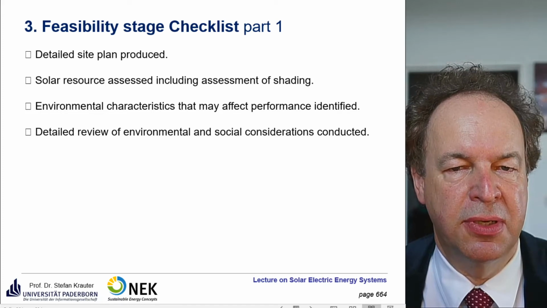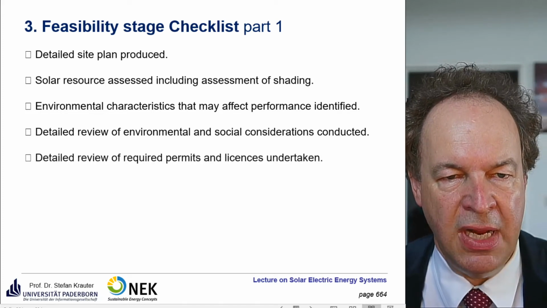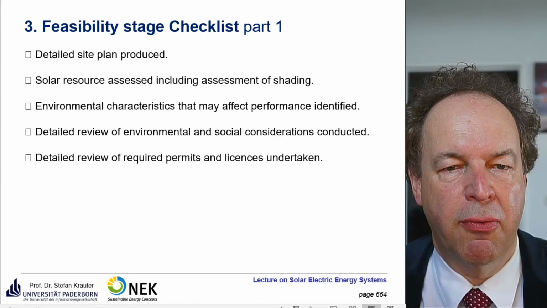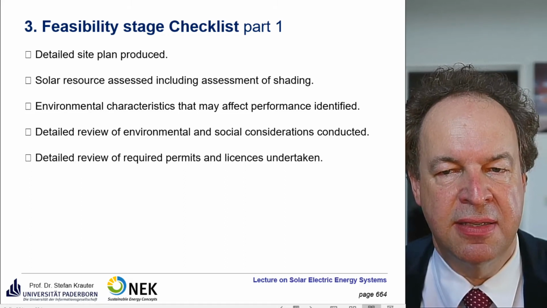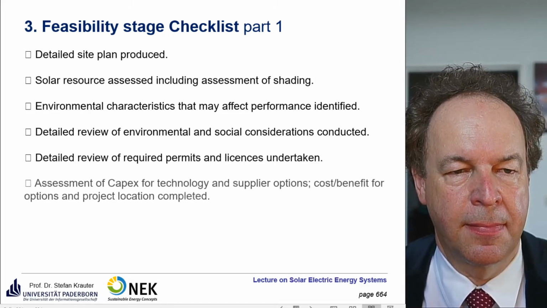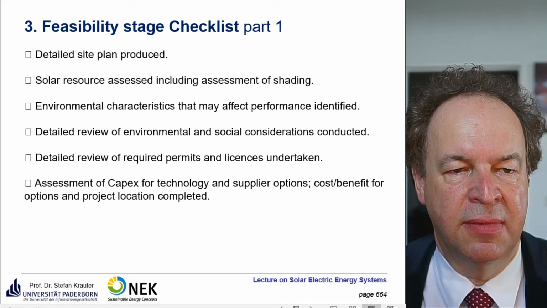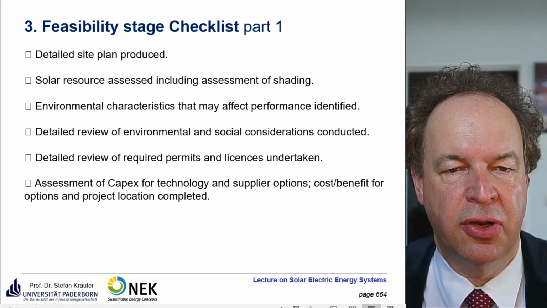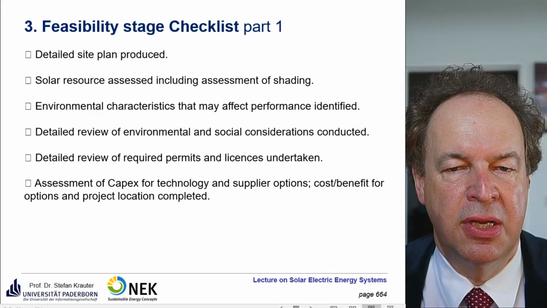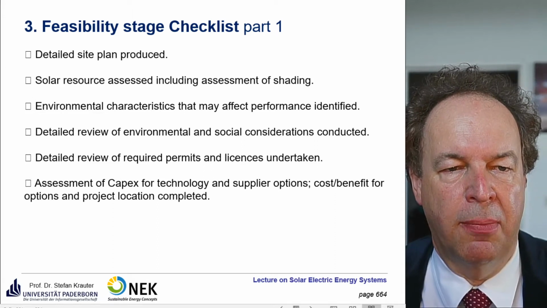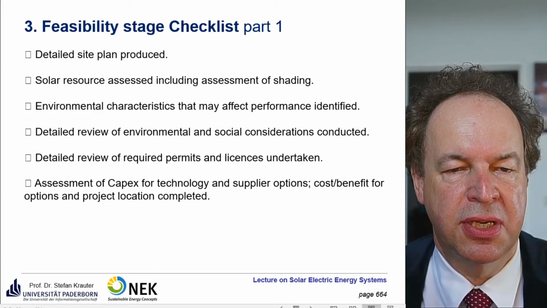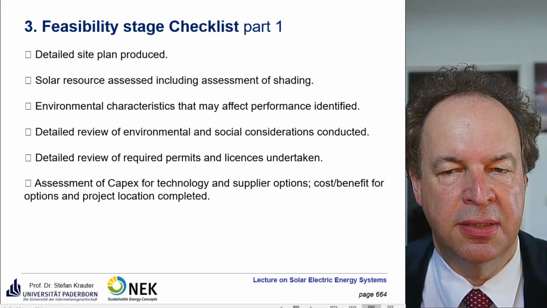This all has to be considered. Detailed review of the required permits and licenses. Then the assessment of CapEx for technologies and supplier options. So the cost benefit for options and project locations is completed.